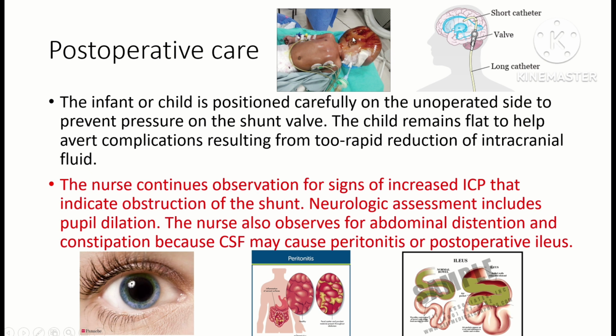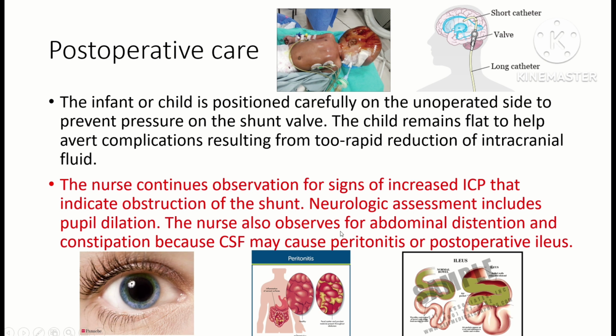The infant or child is positioned carefully on the unoperated side to prevent the pressure on the shunt valve. Okay. The nurse continues observations for signs of increased ICP that indicate obstruction of the shunt.